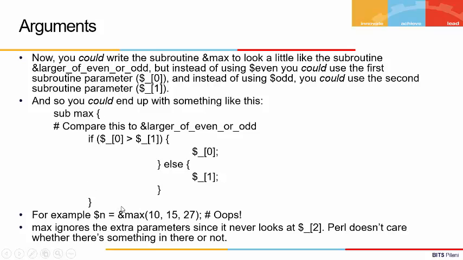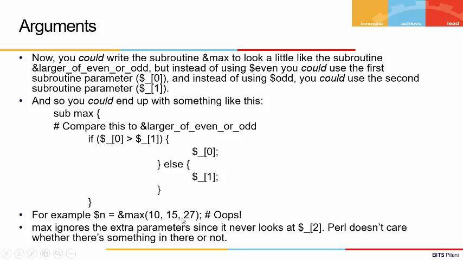For example, if you are passing more arguments than what is being compared, what can happen here? Perl will ignore the extra argument. This is an extra argument, 27, that you are passing but not using at all here.